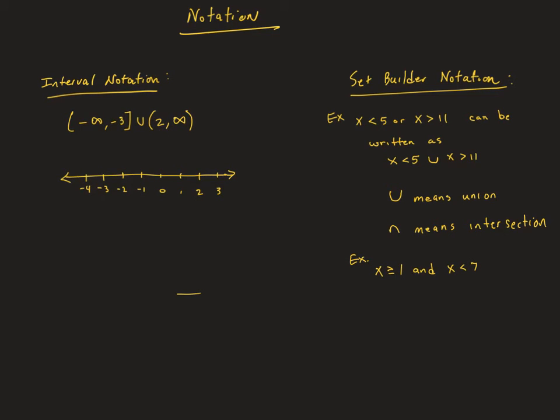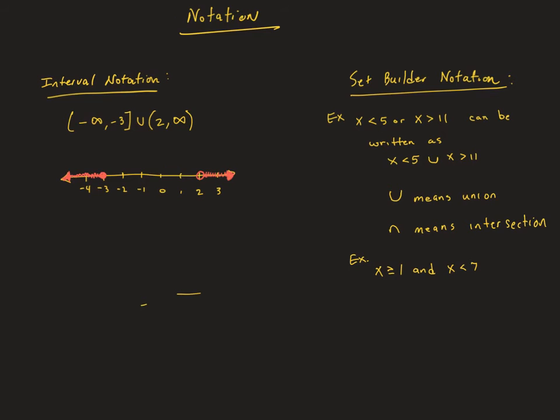So on negative 3, I am going to have a closed circle because it's a bracket, and on 2, I'm going to have an open circle because it's parentheses. That's what those mean. And then everything less than negative 3, right? And then everything greater than 2. So that would be what that solution would be graphed like.